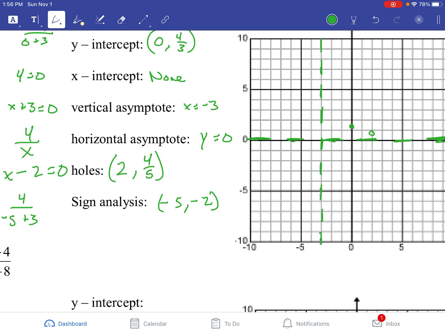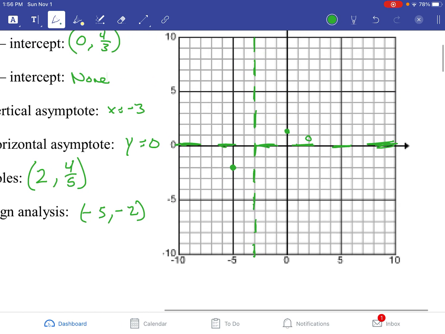Okay, so -5, -2 is going to be our other point. And now that we have enough points on either side of our vertical asymptote, we can draw our graph. Making sure very carefully that we do not go through a hole. We jump over it. And there's your equation and your graph.